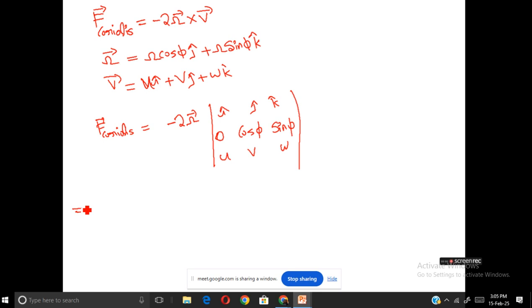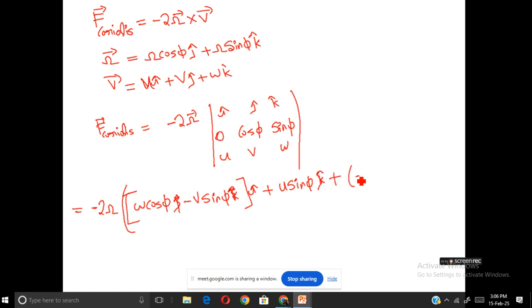And we got it as minus 2 omega into (omega cos phi minus v sin phi) along the i direction, plus u sin phi along the j direction, plus minus u cos phi along the k direction.